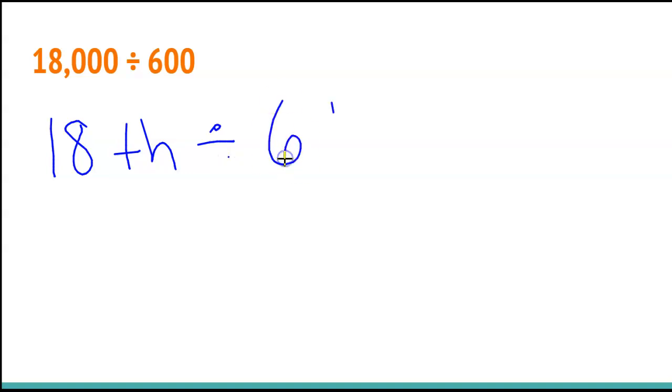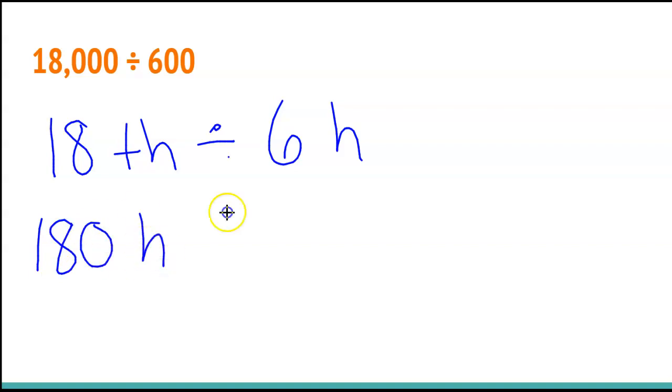Sorry about that. I'm just going to do a TH because that seems to be better for us. Okay, so I could have also thought about this if you wanted to. You could have done 180 hundreds divided by 6 hundreds, because 18,000 is the same as 180 hundreds.